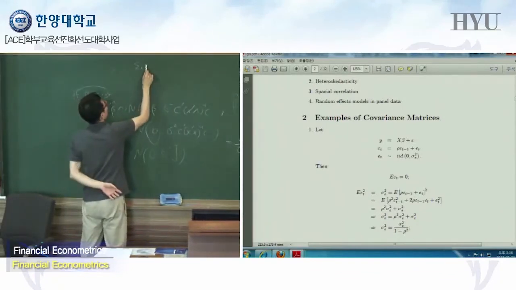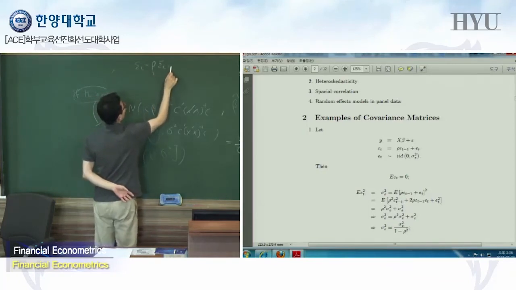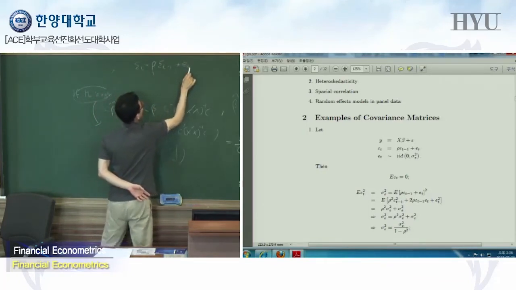Epsilon t equals rho epsilon t minus 1 plus e t.